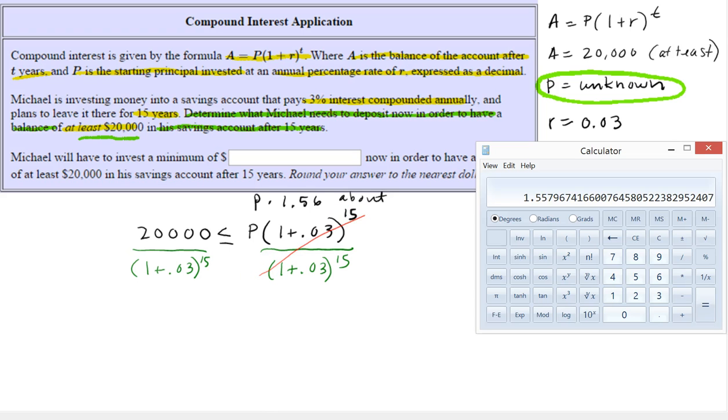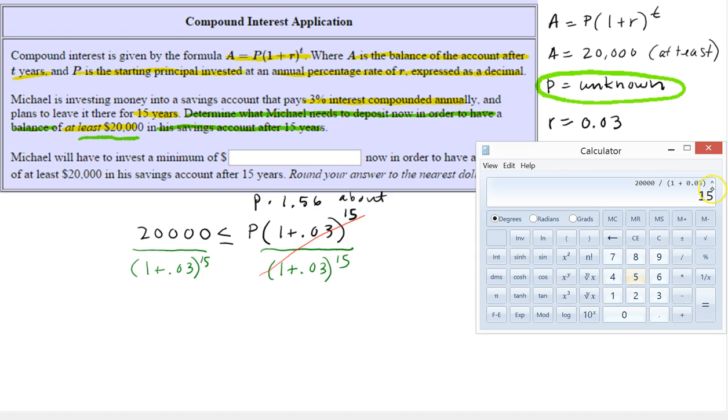Now I'm going to go back to the calculator, and I'm going to compute this. You should put this entire expression into your calculator. Sorry, 20,000 divided by, don't forget your parentheses, 1 plus 0.03, close parentheses, and now raise it to the 15th power.